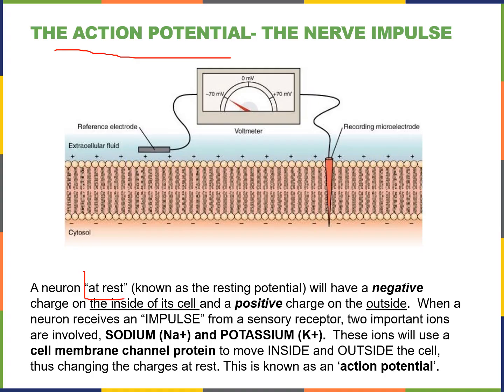So that's very logical, right? And if you measure the inside of the neuron versus the outside of the neuron to see exactly what kind of current we have there, you will get a measurement that is called the resting potential.